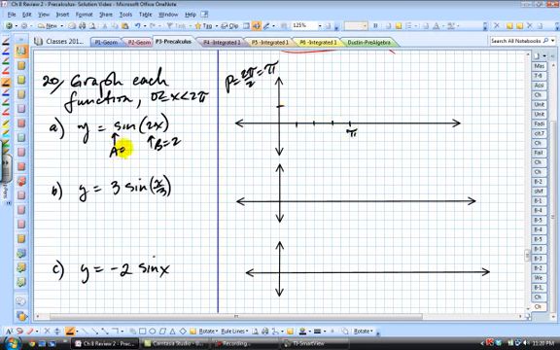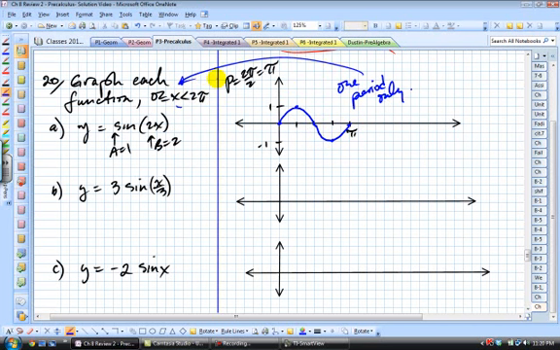Amplitude is 1, so a is 1. So here's -1, here's 1. And when I graph the function, I graph my 5 points. Curve it out. Okay, 1 period only.